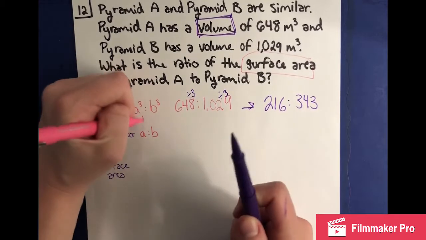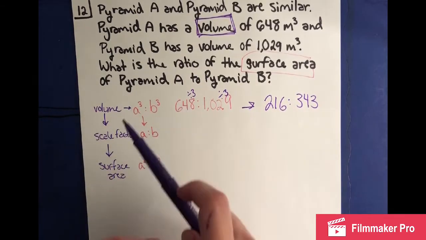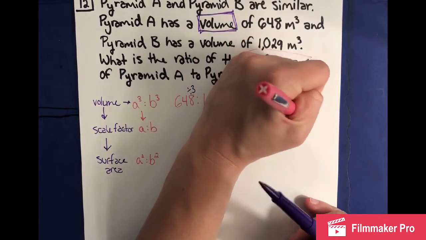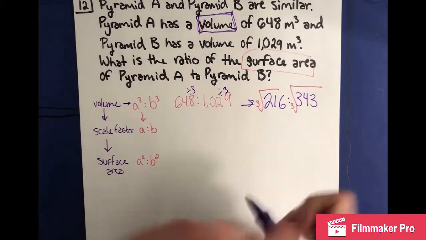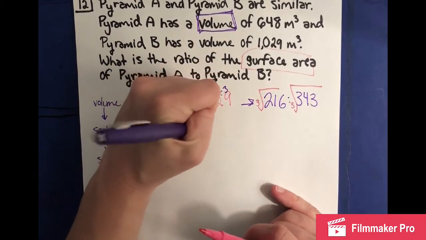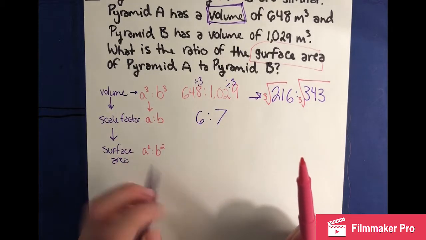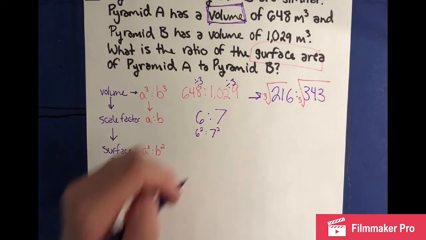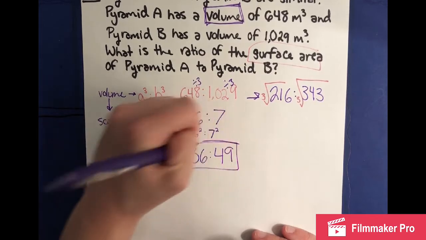How do we get from here to here? You would do cube root, so that's what I'm going to do. Cube root, cube root. When I cube root all of those, I get 6 to 7. So this is where I am. I don't want that. You want surface area, so I need to square both of these. So 6 squared is going to be 36. 7 squared is 49. And that's us done.